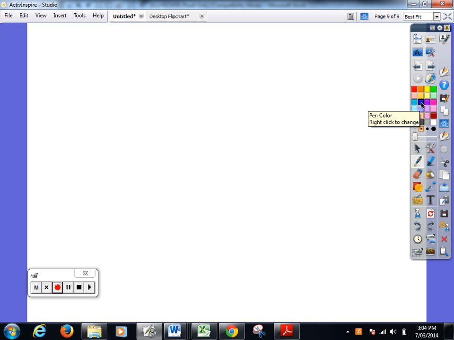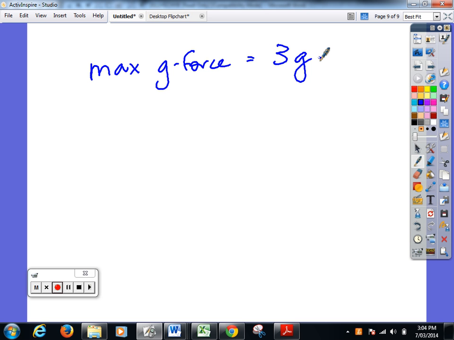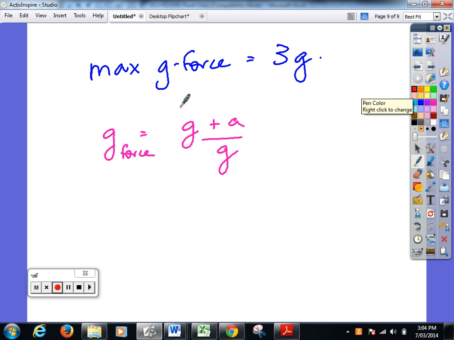We need to consider that the maximum G-force is 3G. And we also need to know that the G-force is calculated by g plus a on g, where g is the 9.8 of the Earth, and a is the acceleration of the rocket.